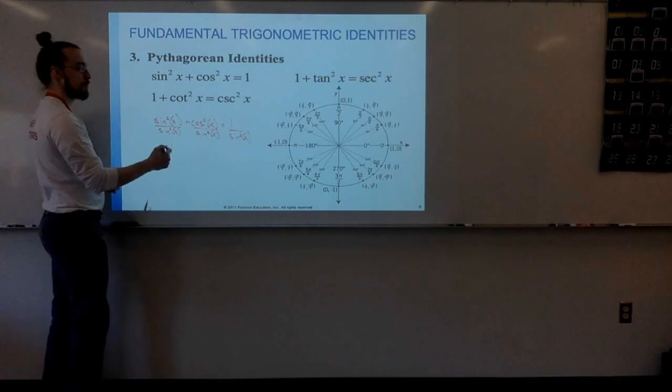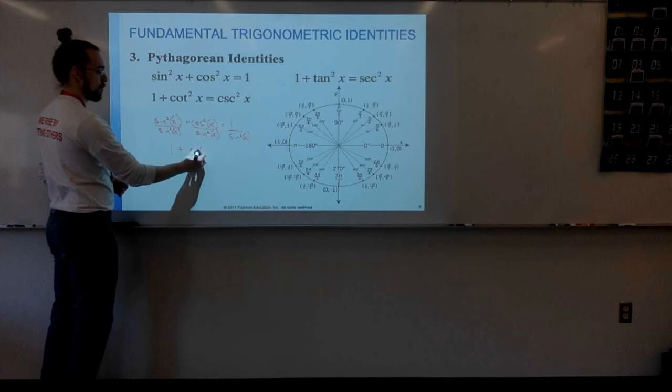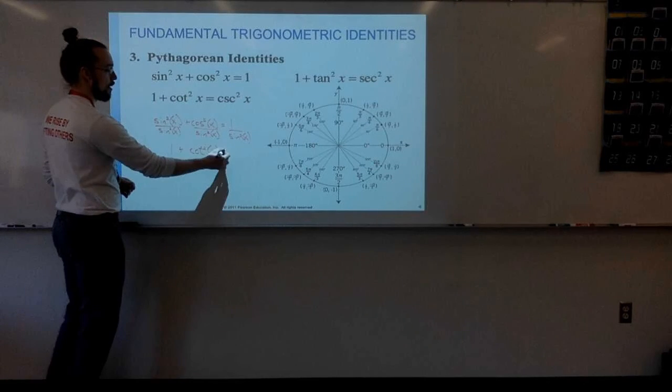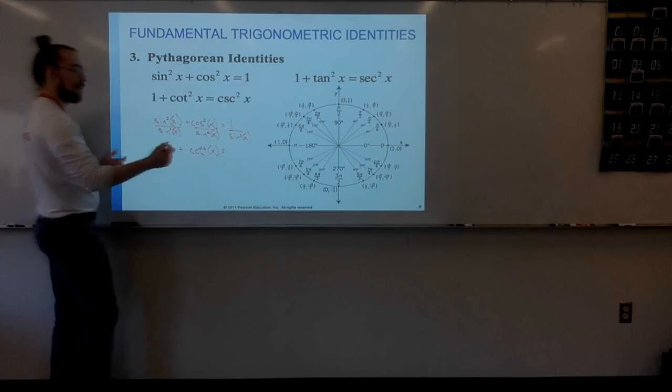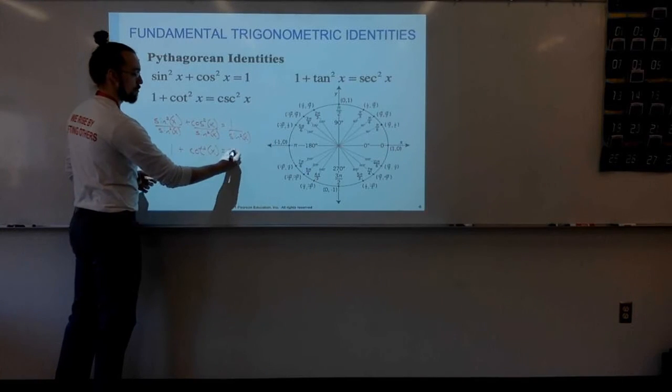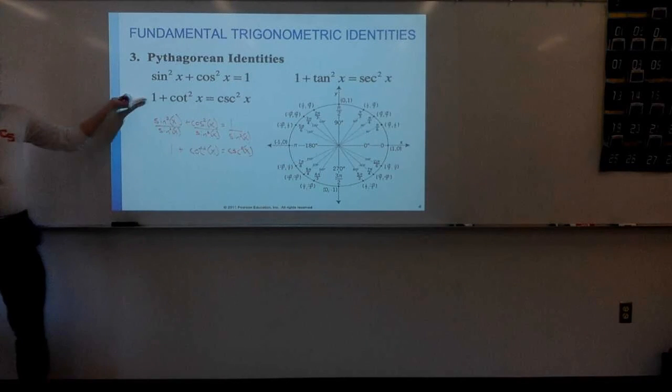So cosine over sine is cotangent, so this would be cotangent squared of x. And then 1 over sine, again from the last slide, is a reciprocal identity. 1 over sine is cosecant, so this would just be cosecant squared of x. So that's where this one comes from.